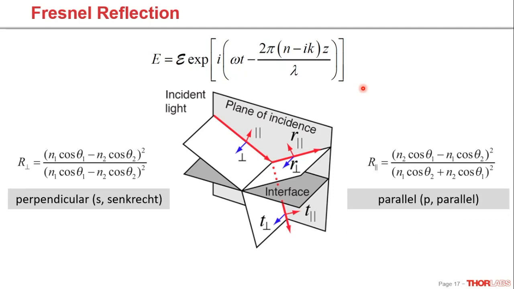We see here, they may also be referred to as P and S polarization, S from the German word for perpendicular. This was deduced by Augustin Jean Fresnel, who first understood light to be a transverse wave, and thus this principle bears his name, Fresnel reflection.